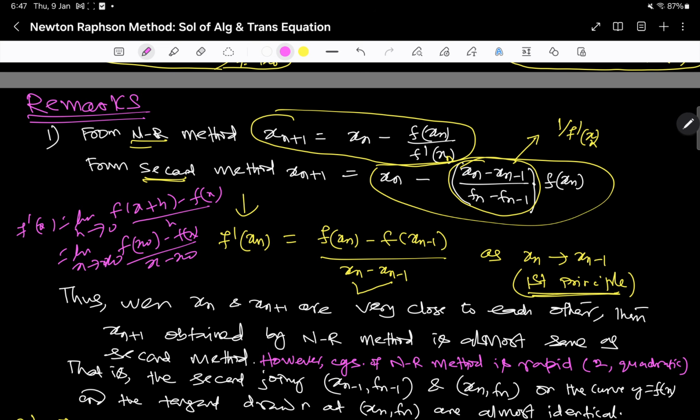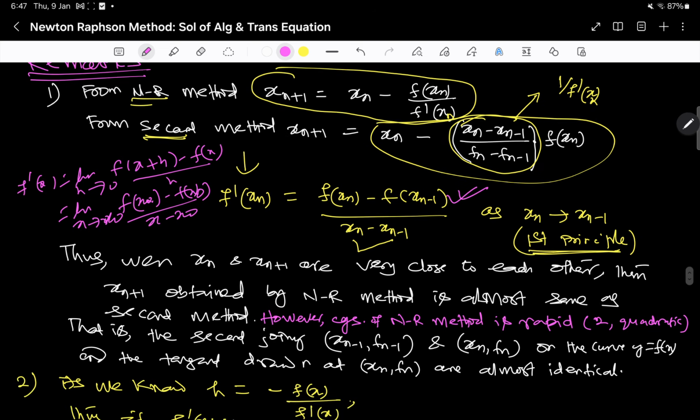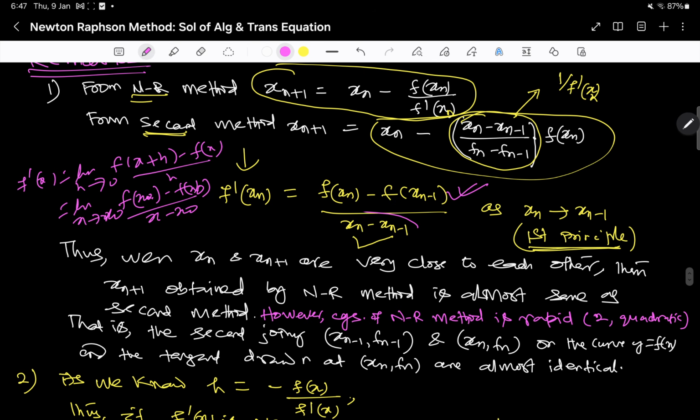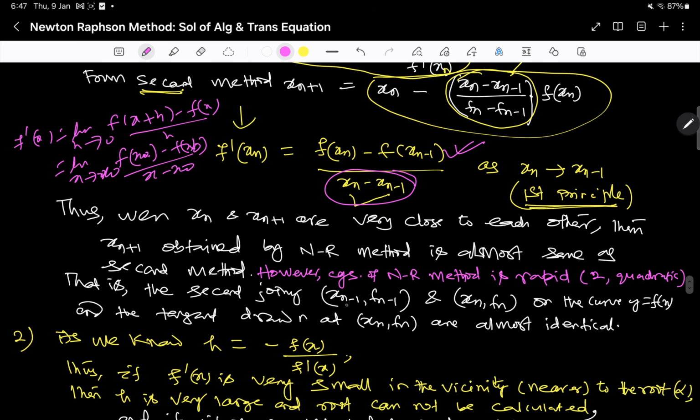So is it not the formula for the first derivative, right? So when this denominator tends to 0, it means these two points are very close. When xn and xn minus 1 are very close, then x(n+1), the subsequent approximation obtained by the NR method, is almost the same as the second method.